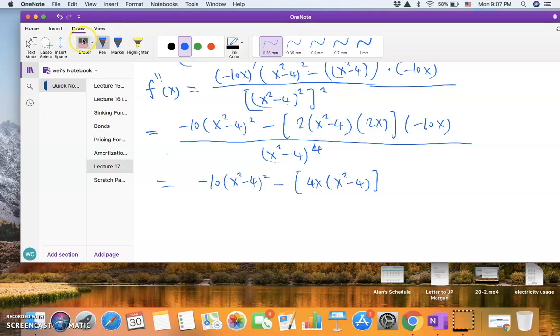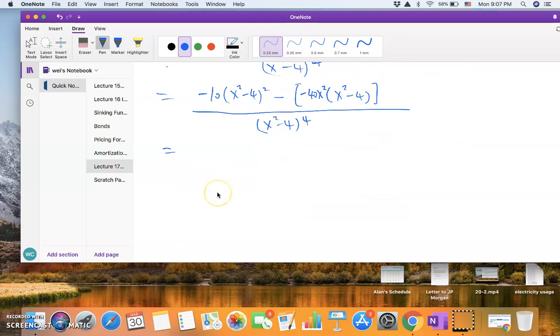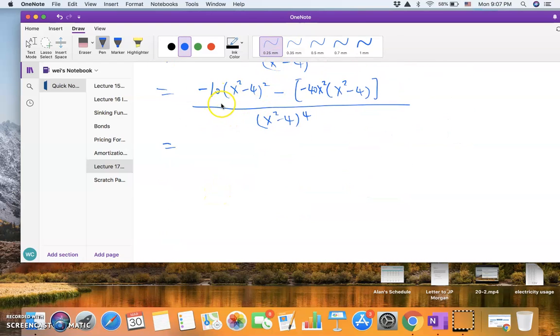So this is negative 40x squared. And negative 10 times x squared minus 4 squared minus negative 40x squared, so that's plus 40x squared times x squared minus 4.